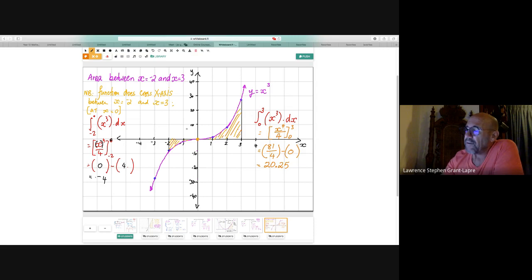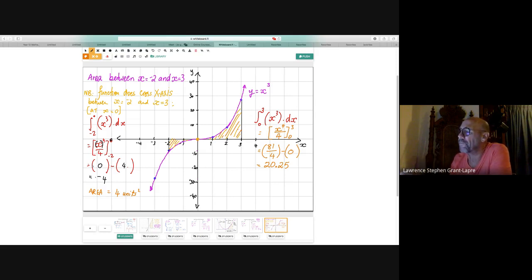Well, the area happens to be not -4, but positive 4 square units. So because it's going to be a negative, we have to actually consider the absolute value of -4. Can't call the area -4. Area is absolute.